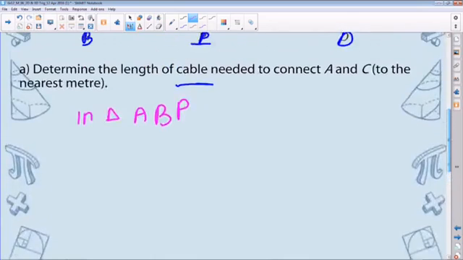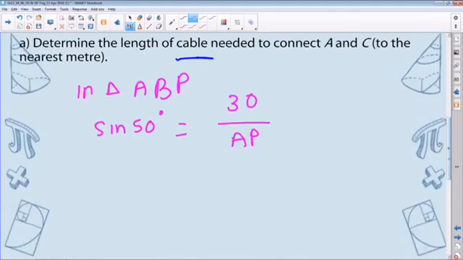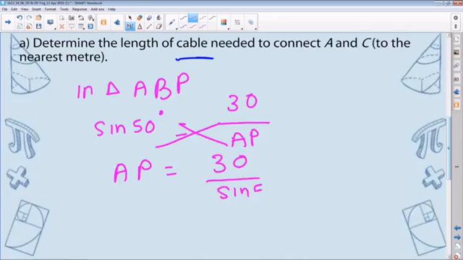So in triangle APB, sine of 50 degrees is equal to 30 over my hypotenuse, which is AP. You can then cross multiply so that we get AP on its own. So AP is equal to 30 divided by sine 50.